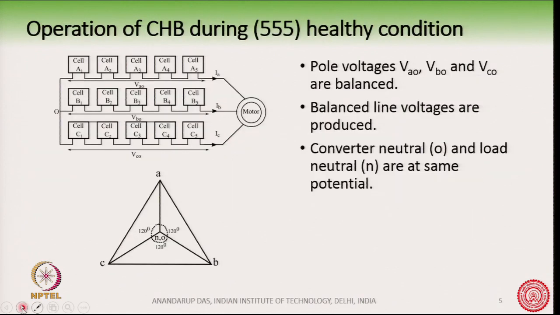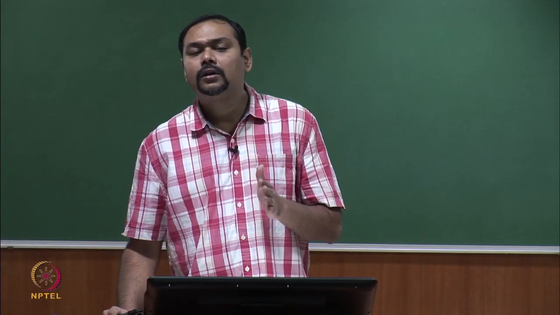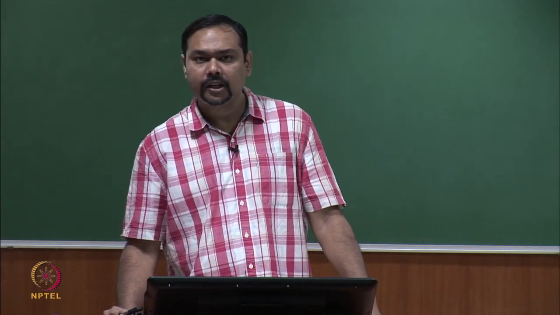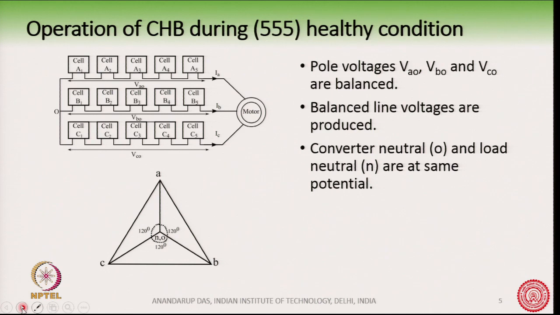Now, when all cells were working and healthy, that is this 555 combination, how do the pole voltage and phase voltage look? That is shown by this triangle here.